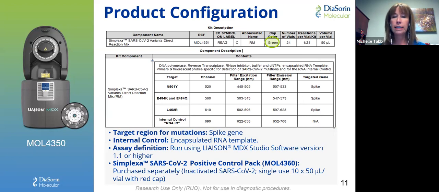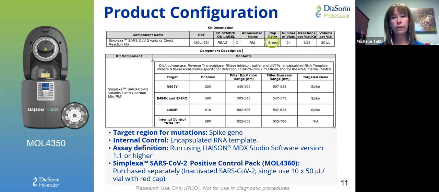So we're able to detect the 501Y in our FAM or 520 channel, the E484K or Q in our JOE or 560 channel, the L452R in our L-Cal Fluor Red 610 channel. And then as usual, our internal control will read out in our Quasar 670 channel, the 690 channel.